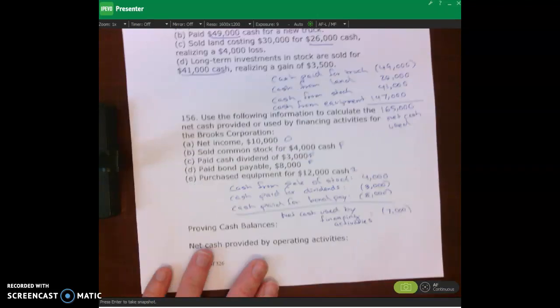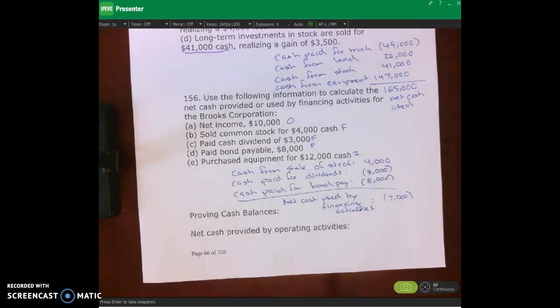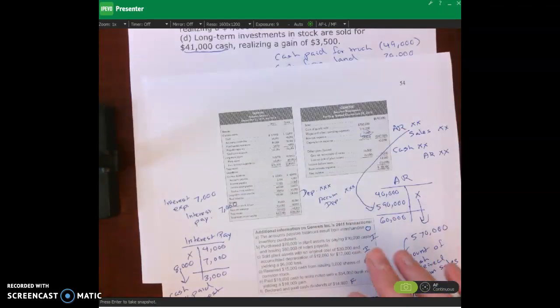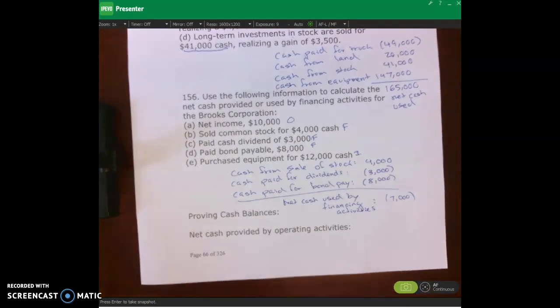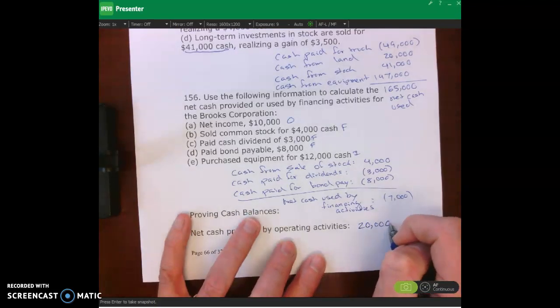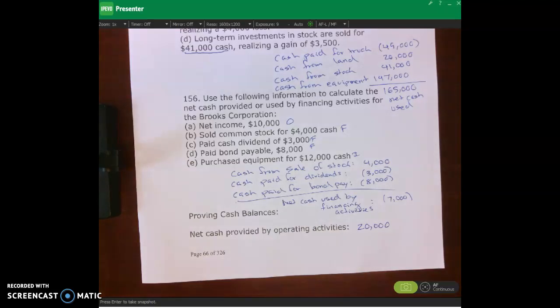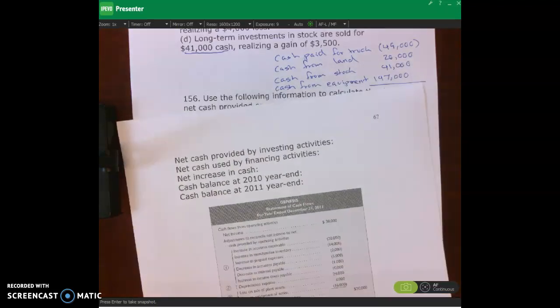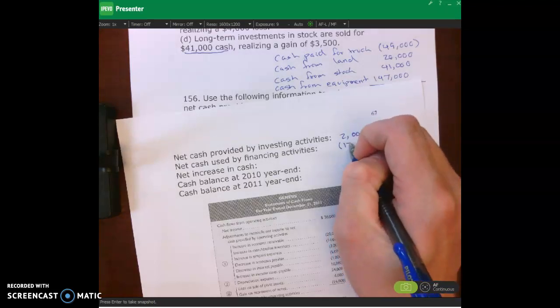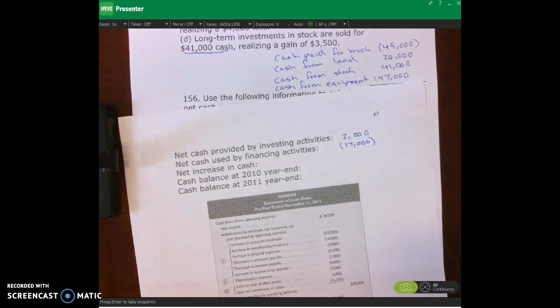Now we can summarize for our Genesis company, the example we've been dealing with. Recall from prior lecture videos that we had net cash provided by operating activities equal to 20,000, and then net cash provided by investing activities equal to 2,000, and then net cash used by financing equal to 17,000.